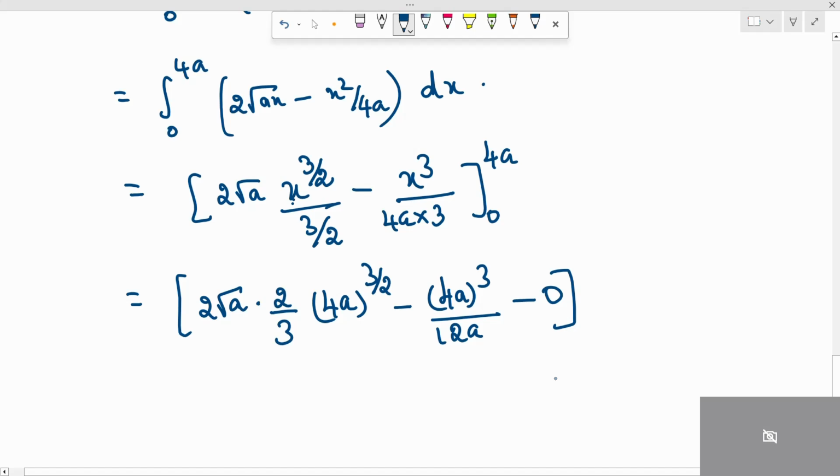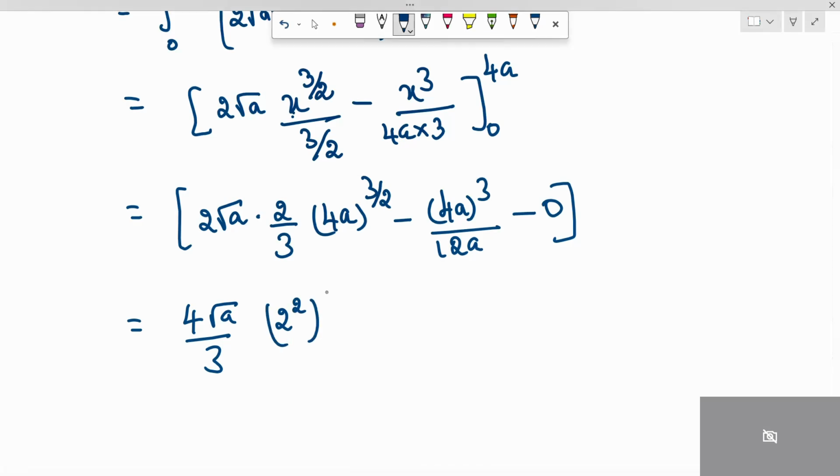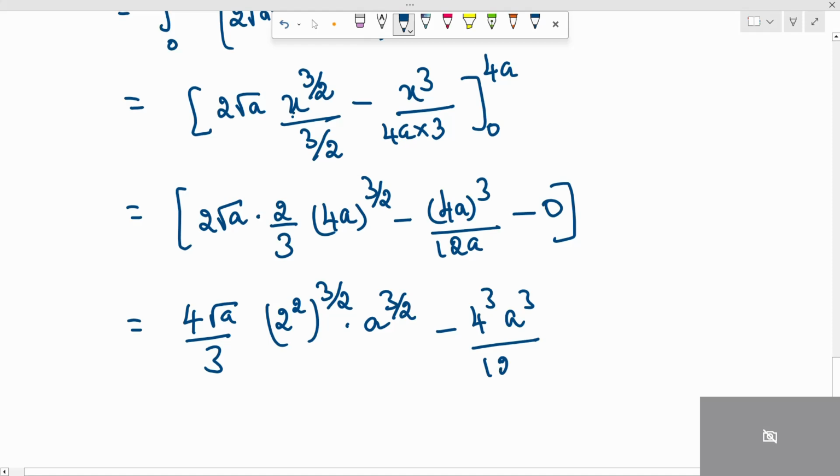Now simplify this equation. 2 2s are 4, 4 root a by 3, 4 power 3 by 2 is there, 4 can be written as 2 square whole power 3 by 2, into a power 3 by 2, minus 4 cube a cube divided by 12a.